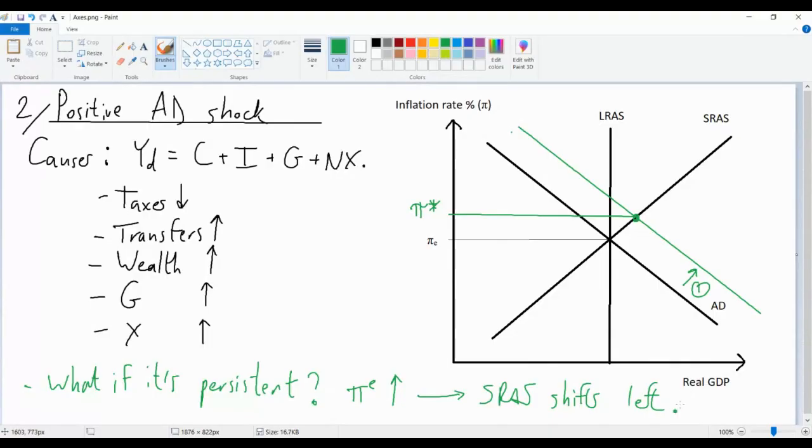The wages are rising at a higher and faster rate. So that decreases supply. And so sooner or later, once again, this is a self-correcting mechanism, expected inflation will rise and we'll come back to the long run.